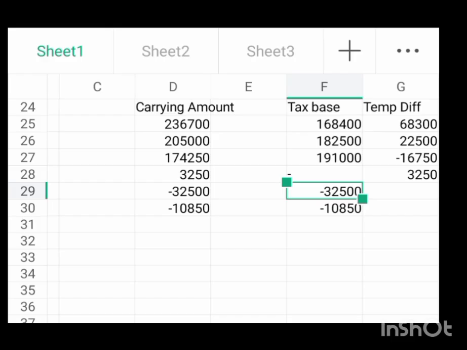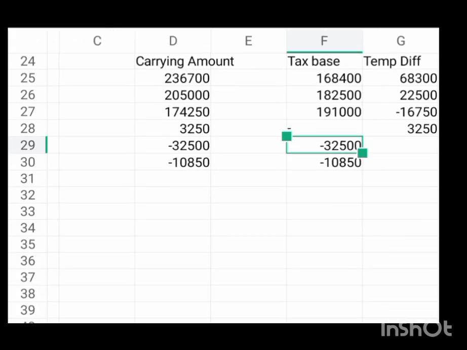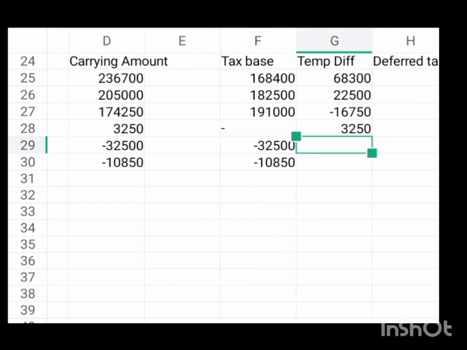And the reason why it is bringing a minus sign like this is because we put it in bracket. And don't forget, normally we remove carrying amount from tax base. So now this is minus already. So minus 32,500 minus 32,500 will definitely give you zero. Are we together?